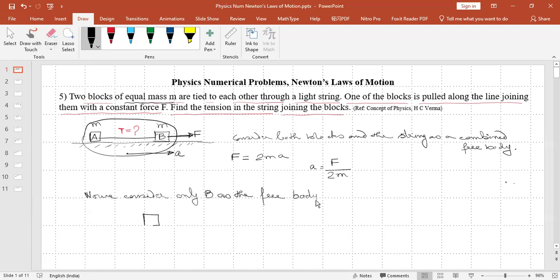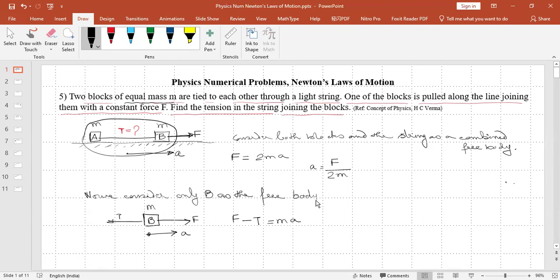Block B has a force F pulling it, and a tension T pulling it back, and it is moving with an acceleration a, and its mass is m. So in that case, what do you get? This force F, that is the force towards the acceleration, minus the force T backward, is equal to its mass into a.